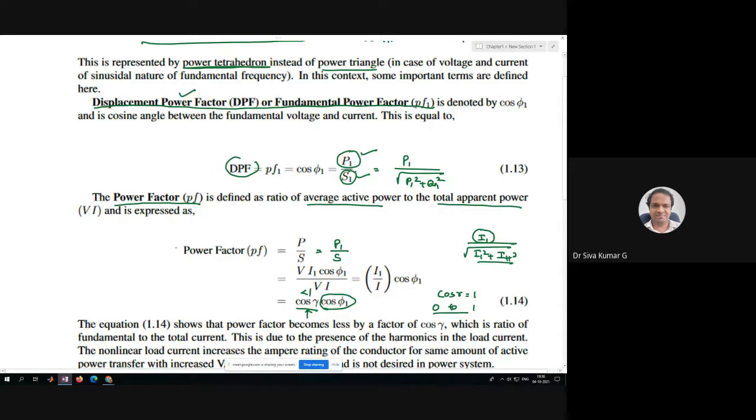Then your power factor is going to be less than the value of cos phi 1. What I mean to say is that cos gamma is less than 1. So when you have a distortion in the current, the actual power factor is reduced.